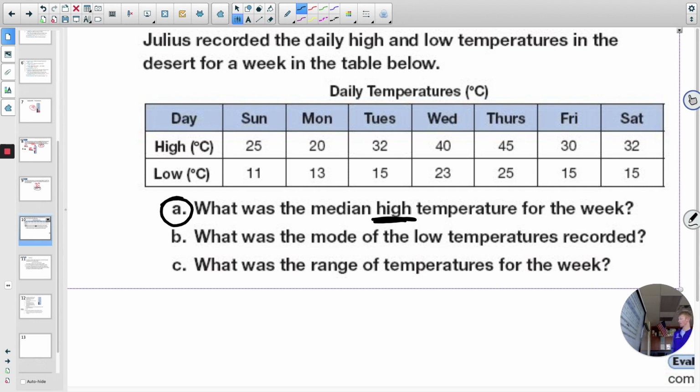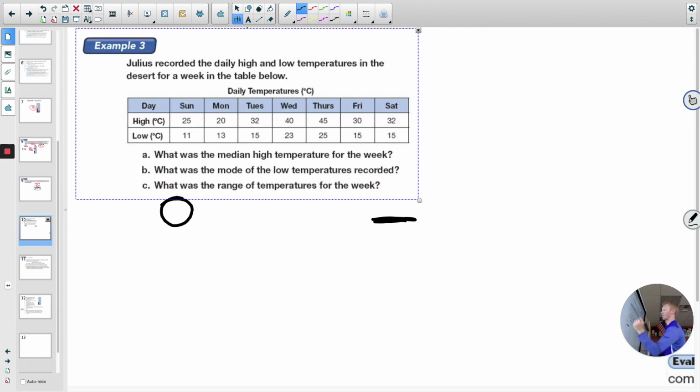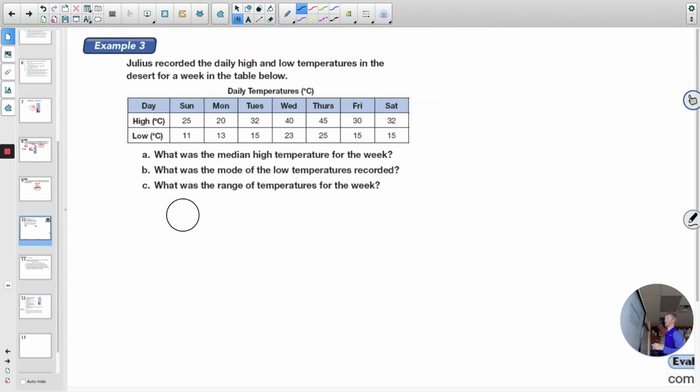So I'll demonstrate that for you right here. There we go, I made it smaller. I'll have a little bit of space to work with. All right, so high temperatures. Start with the lowest one and work your way up. So lowest one I see is 20. So 20. Next I see 25.